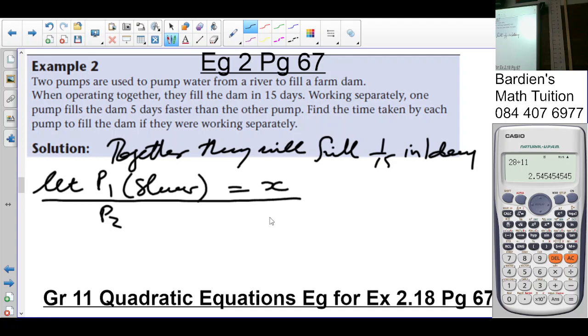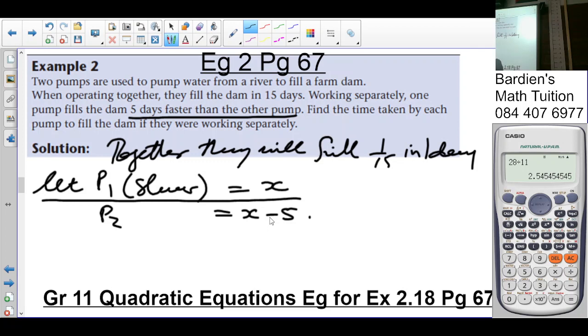Right. So here we are told, working separately, the pump filled the dam 5 days faster than the other pump. So pump 2, which is the faster one, in terms of x would be what? x minus 5. Not so?